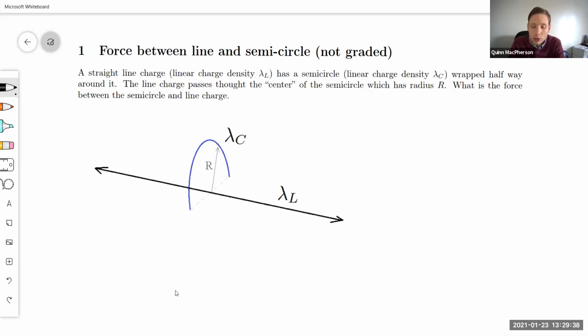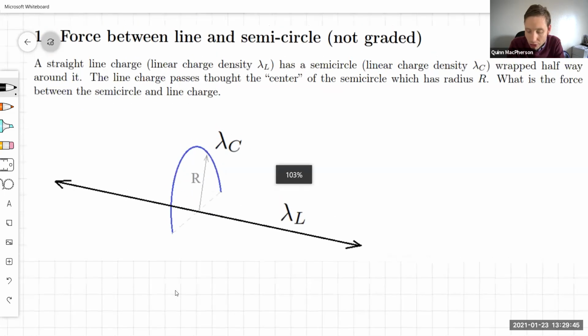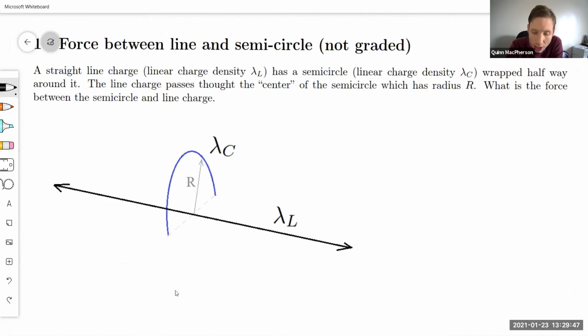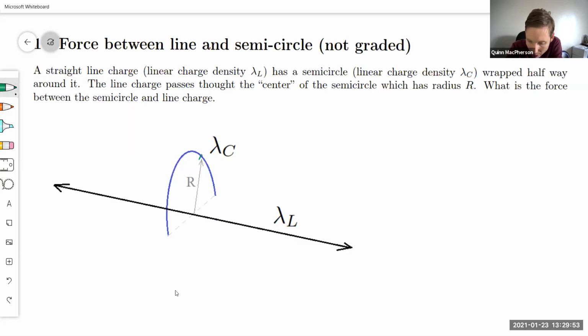To solve this, like many other problems involving finding forces or fields due to charge distributions, I'm going to divide the charge distributions into segments.